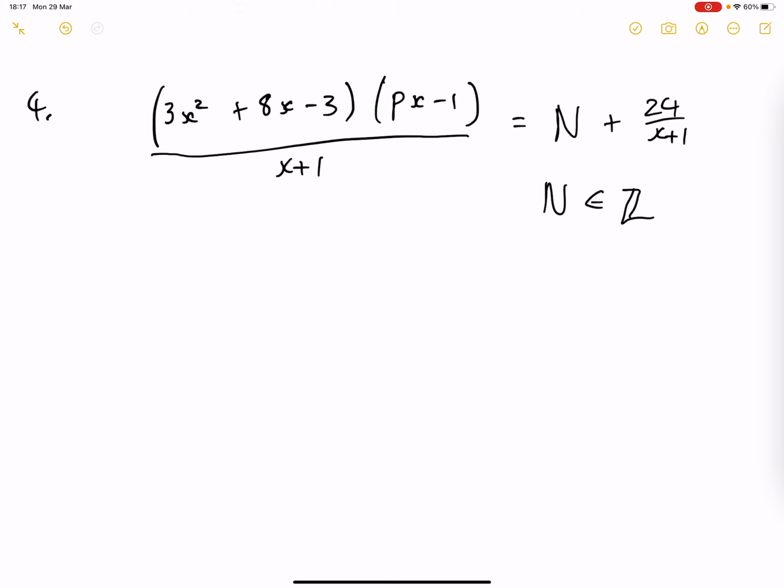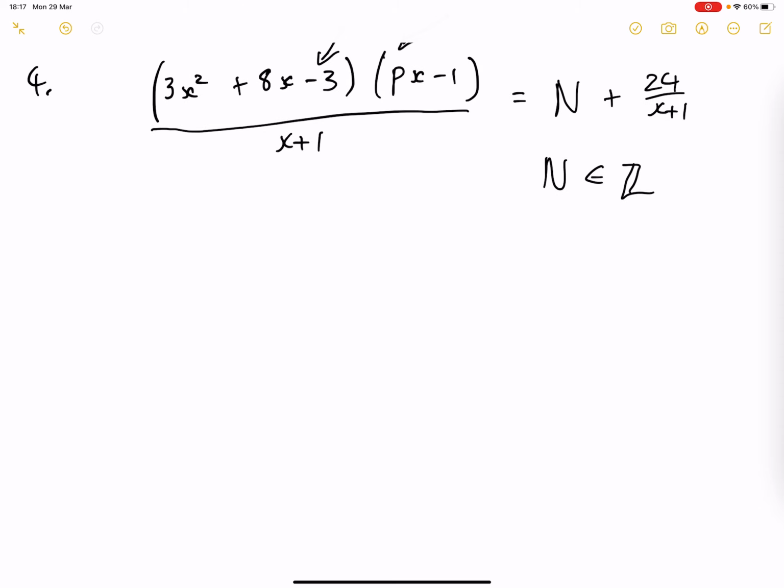So the way we're going to do this is we're first going to multiply this bracket and this bracket, and that will give us 3px cubed minus 3x squared plus 8px squared minus 8x minus 3px plus 3.